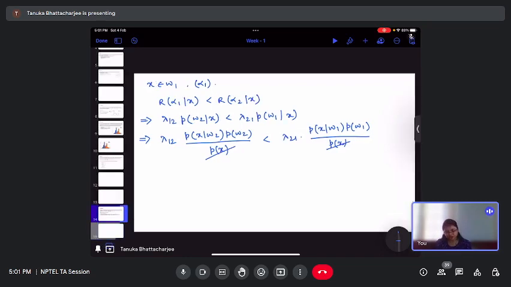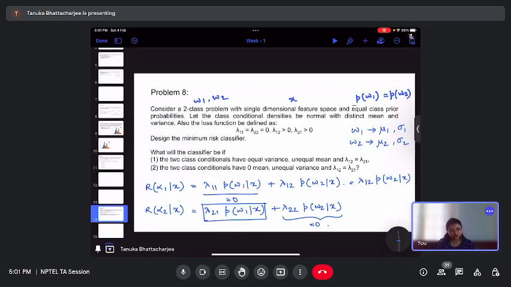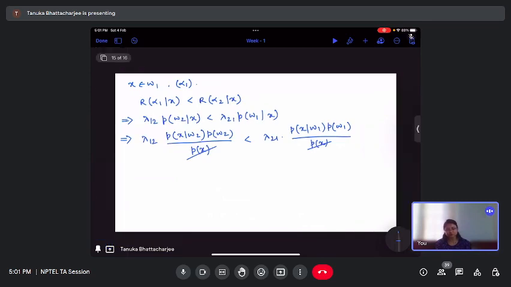Also, it was mentioned in the question that both classes have equal prior probability. So, probability of omega 1 is also equal to probability of omega 2. So, these two also cancel out, and only the remaining term is there. So, now we will put the expression of normal distribution into this. We assumed that for the class conditional density of class omega 2, the normal distribution is with mean mu 2 and variance sigma 2 square.